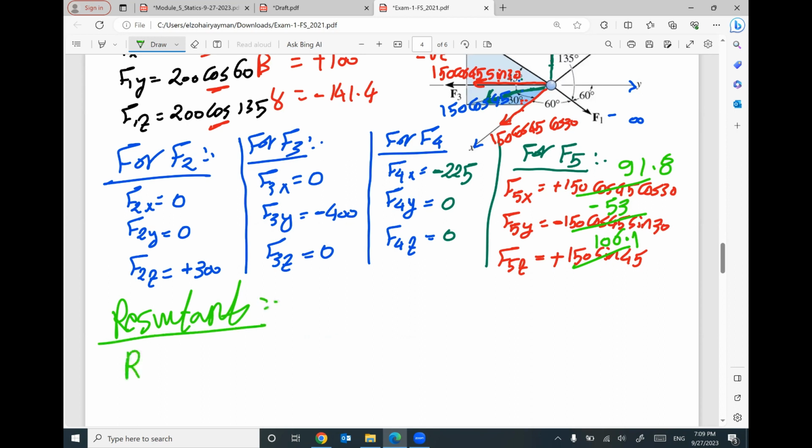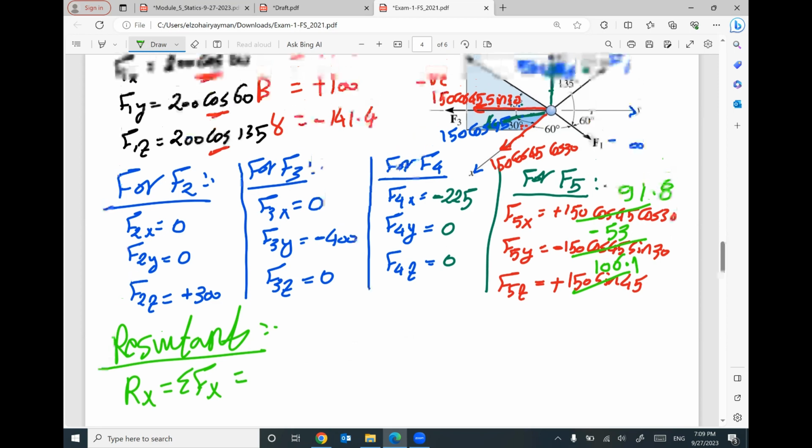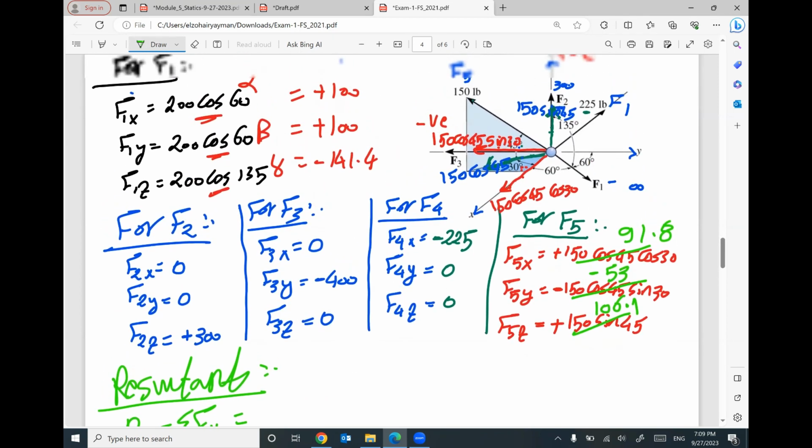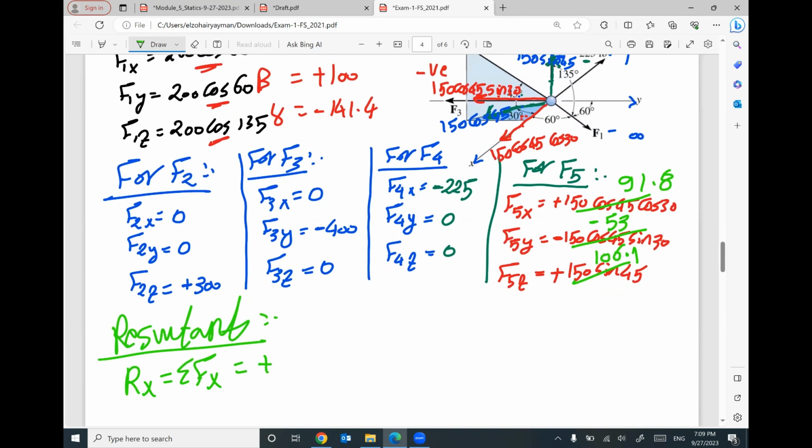The x component of your resultant is the summation of all x components. So we have positive 100, we have 0, we have 0, we have negative 225, we have positive 91.8.